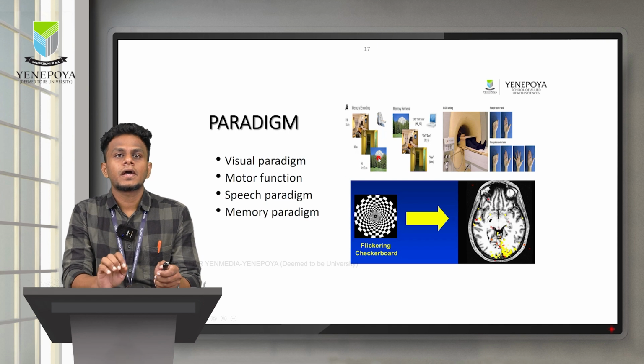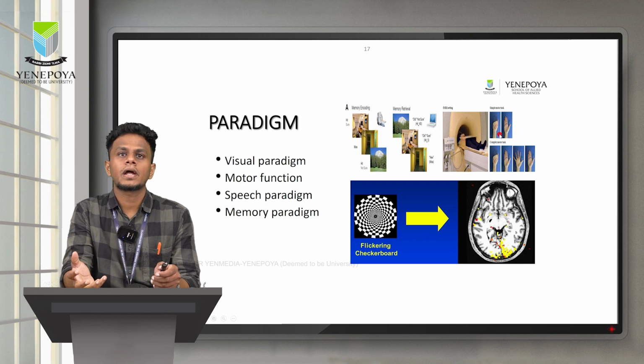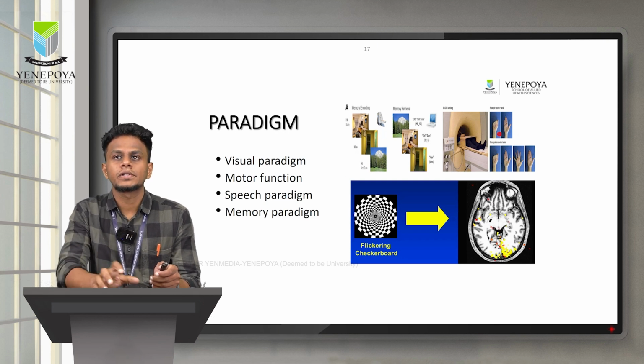The patient has to see those objects or pictures and reproduce what he has seen. Then there is motor function. If you look at this picture, the patient is made to tap their fingers open and close, and they can use their toes also to flex and extend.